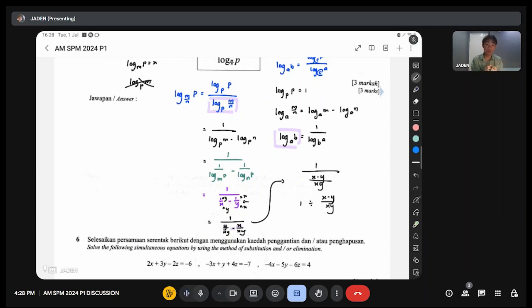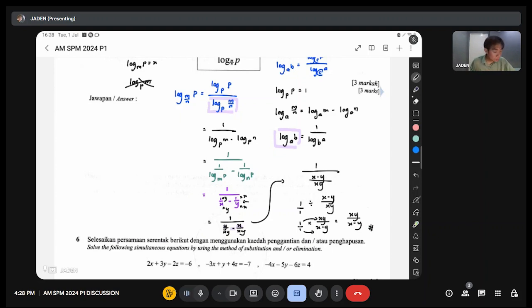I'm teaching you how to divide a fraction. So for every whole number here, at the bottom there is a 1. Next thing, 1 here, you multiply with this fraction here, you flip it. So you see 1 times xy and 1 times x minus y, and you get back the same thing, xy over x minus y. And that will be your final answer.